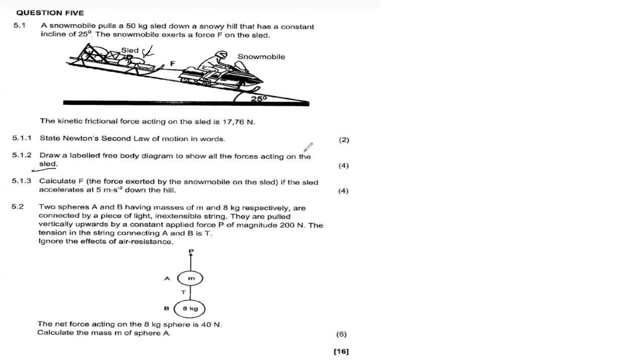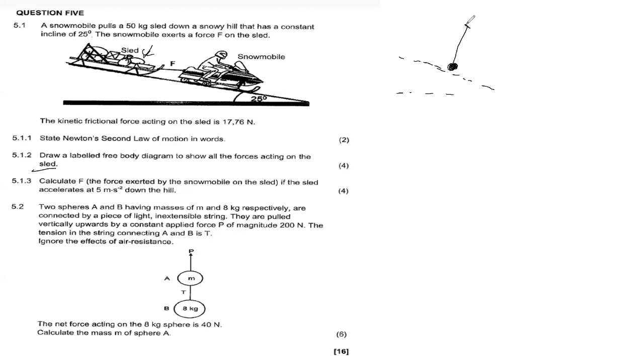So the sled here, and then we are given 4 marks. So we know 4 marks, 4 forces. Then to start with this, we can just faintly draw the incline just to make sure that all our forces are perpendicular to the surface or parallel to the surface.